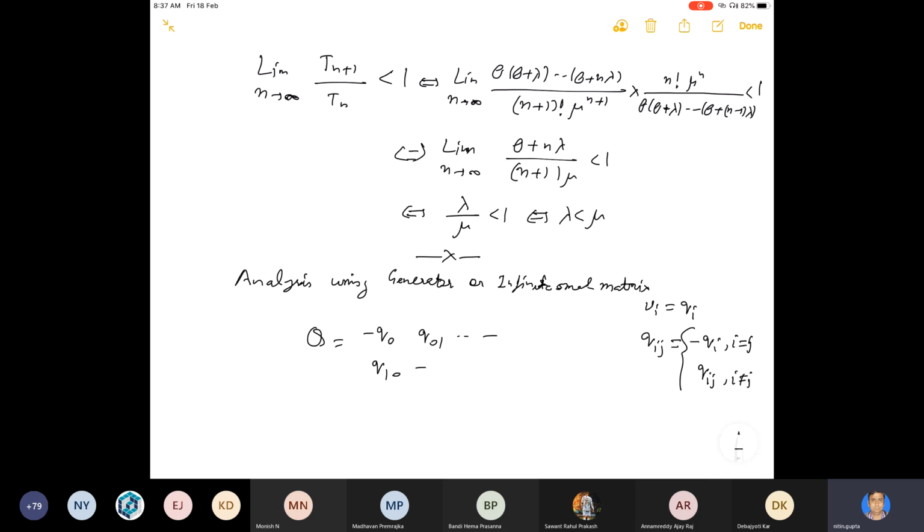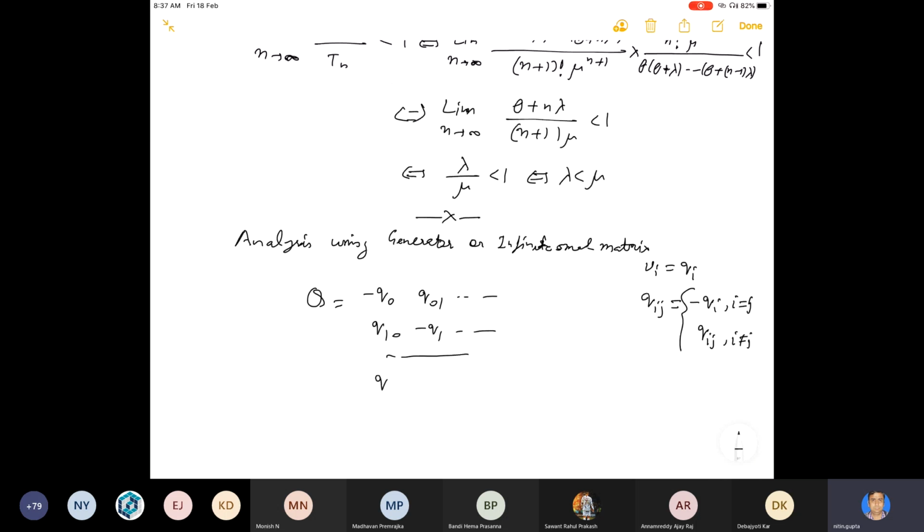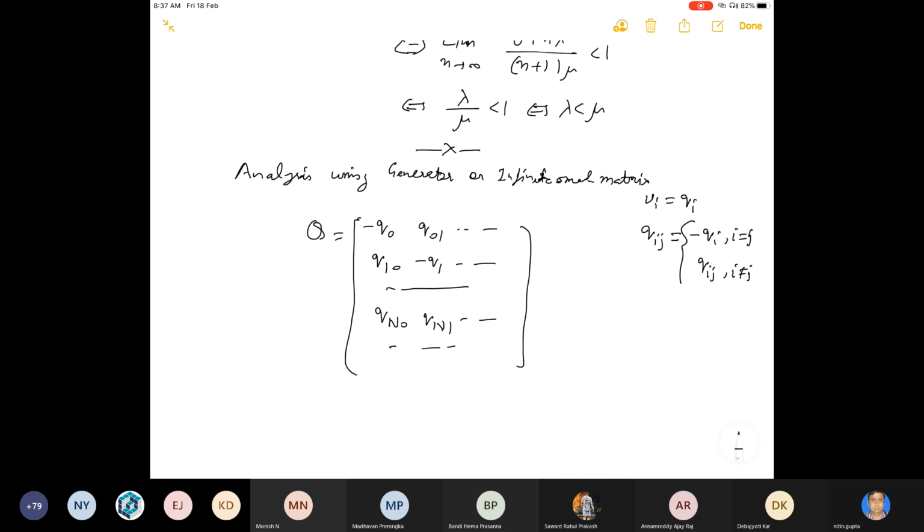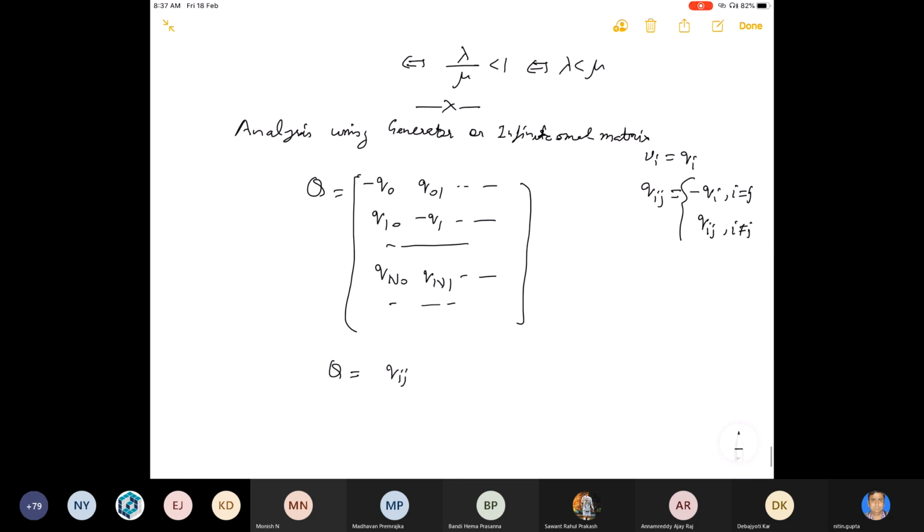Q10, minus Q1, and so on. Qn0, Qn1, and so on. So this is basically the matrix of Qij rates. These are the matrix of rates basically.